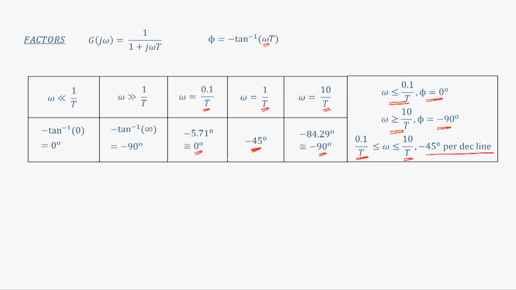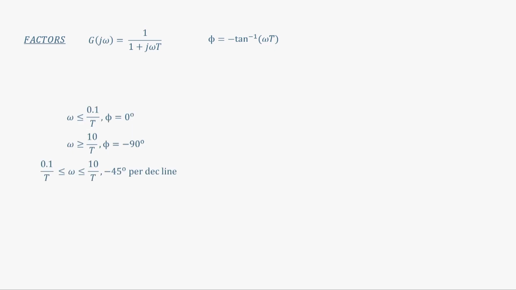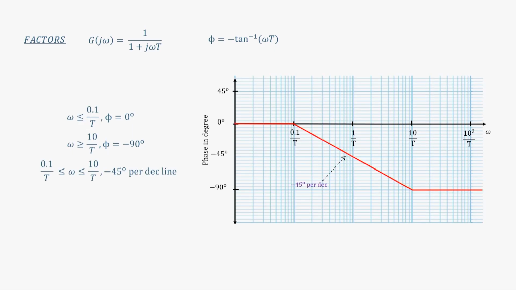So, that means there is a minus 45 degree drop every decade. So, hence there is a minus 45 degree per decade line, but after 10 by t it is minus 90 degree only. See, at infinity also we are at minus 90 degree. So, after 10 by t it is at minus 90 degree, whereas before 0.1 by t it is at 0 degree.